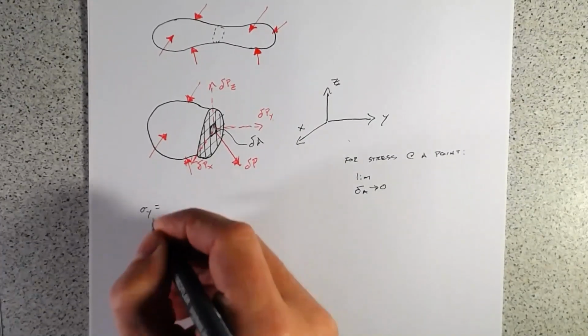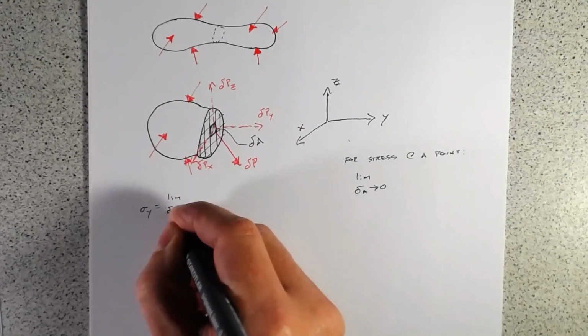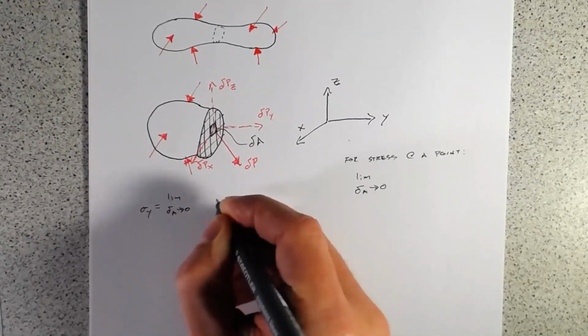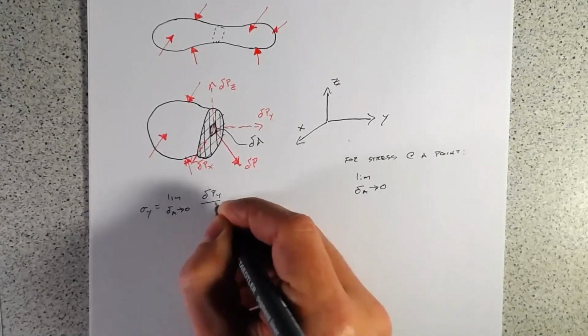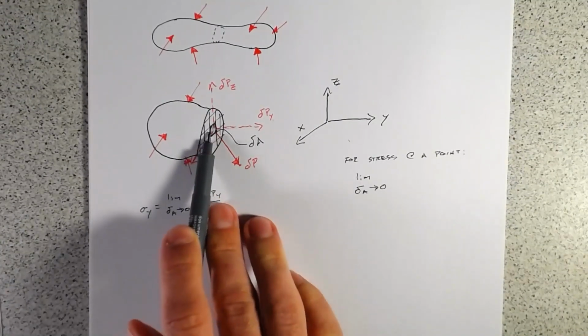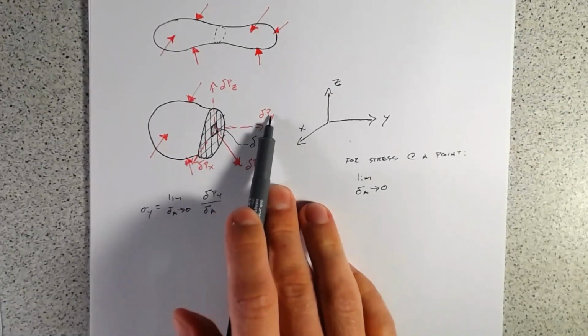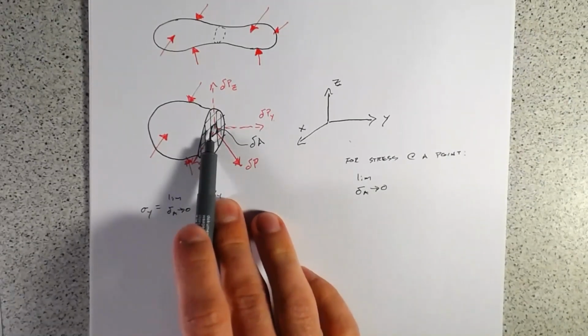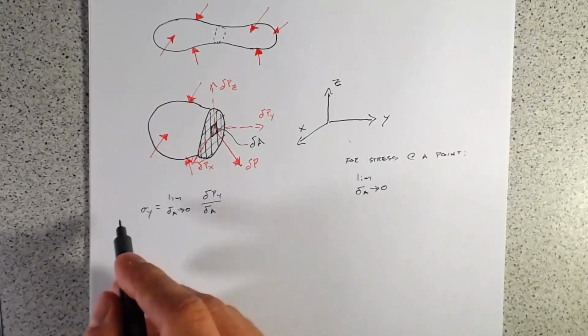Well, that's just going to be the limit as delta A approaches 0 of delta Py over delta A. So that makes sense. That's that force. So the stress is the force over the area, and the stress at a point, well, we just let that area get smaller and smaller and smaller as it approaches a point.